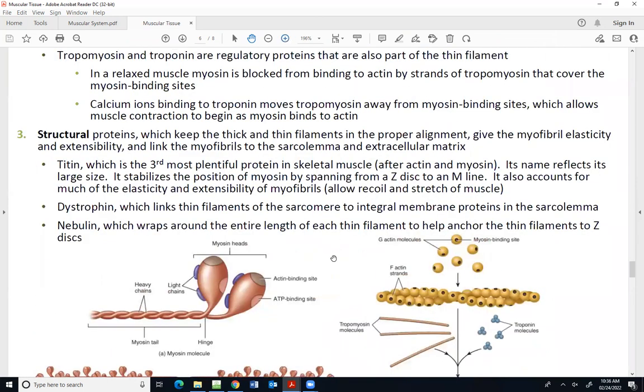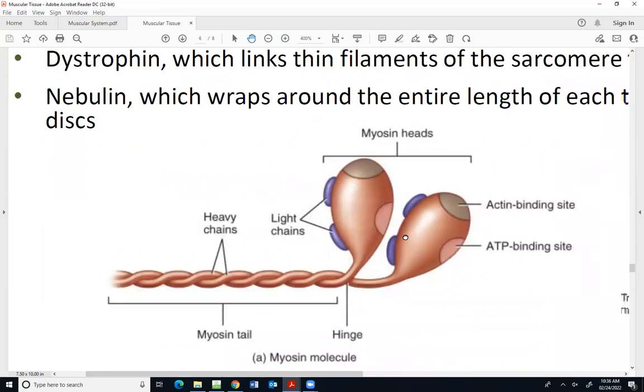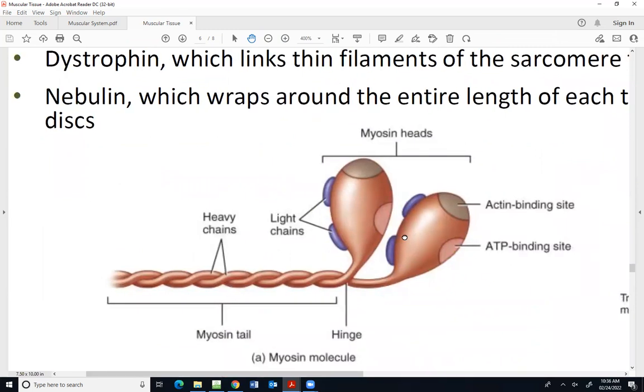Okay, here's a couple pictures to illustrate what myosin is. Basically, you can think of an individual myosin, which is what we show here, as being like two golf clubs, where the shaft of the golf club, the long part, is twisted around each other. Then the two heads are shown here at the end, just like in a golf club. The head of a golf club is what you actually hit the golf ball with.